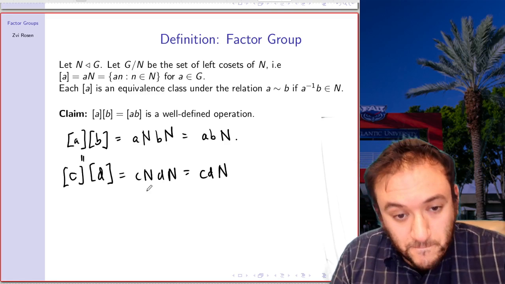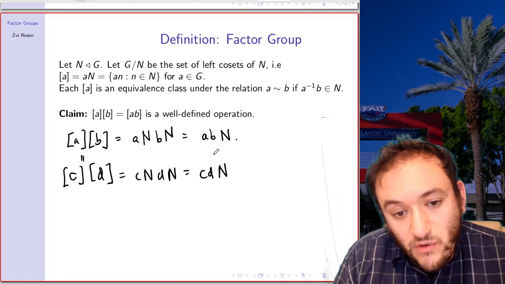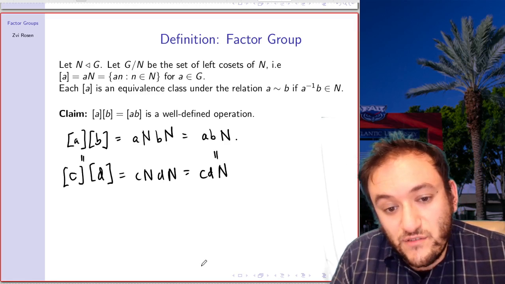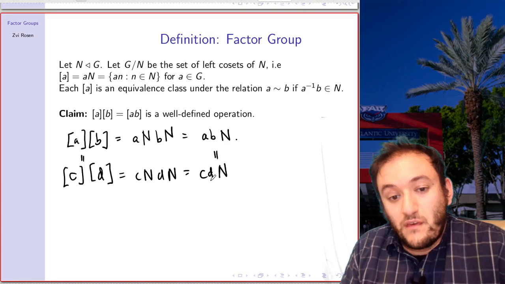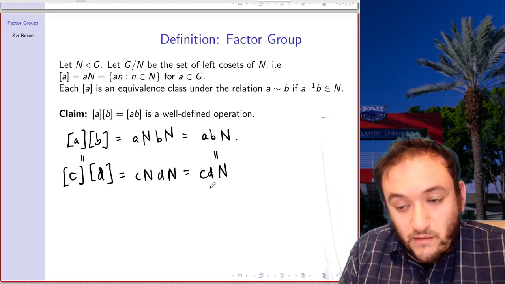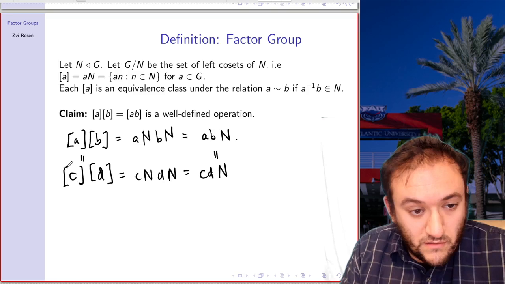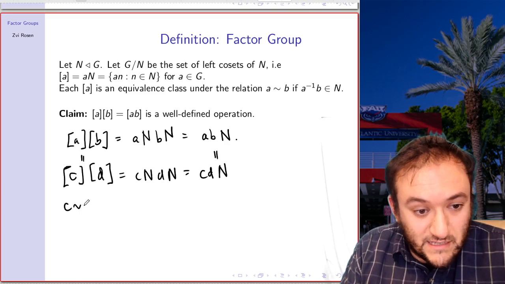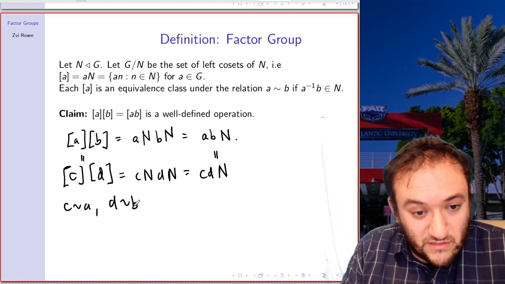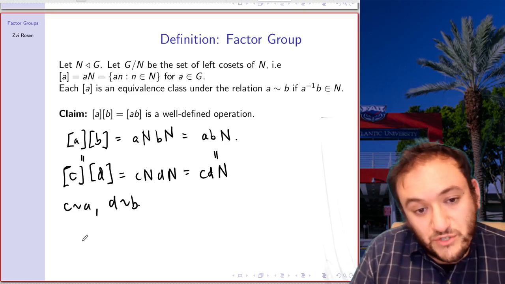Okay. And so I have to prove that these two things point to the same coset. So we're assuming here that c is equivalent to a and d is equivalent to b. So how can we show this?